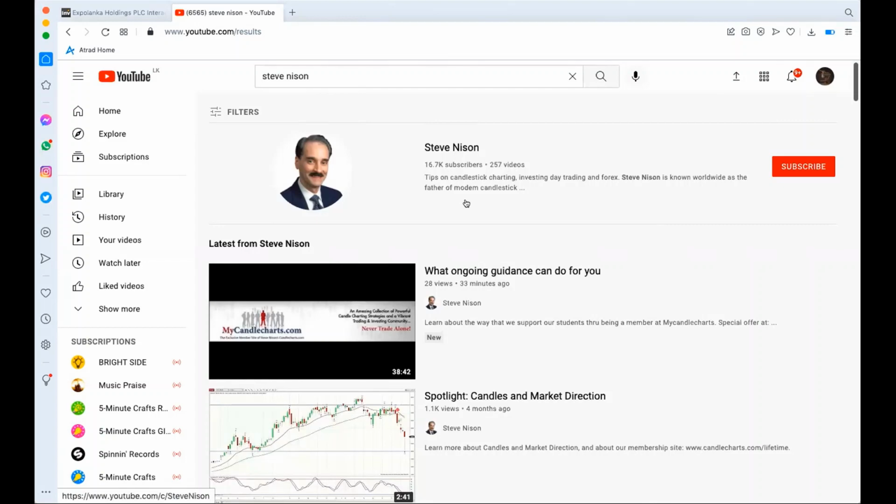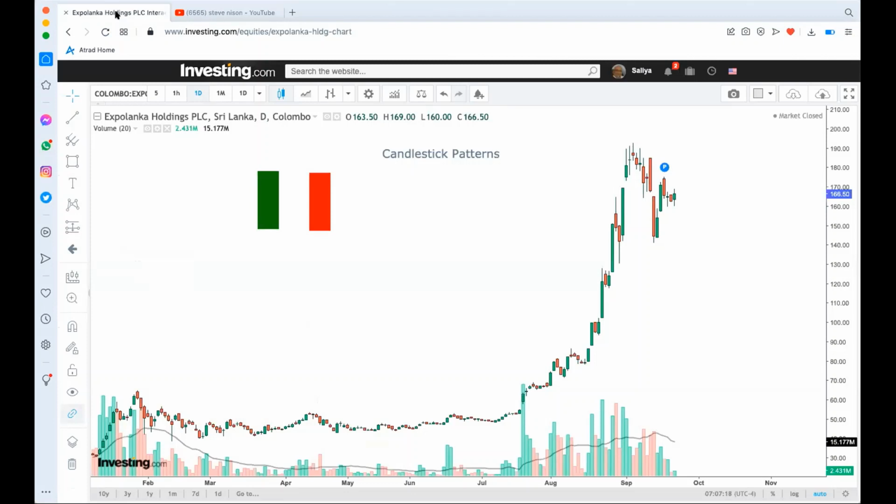That shows the interest, just like in the Sri Lankan market, of those investors and traders who want to increase their knowledge and confidence in their investing and trading, right? It's something that we can see everywhere in the world.